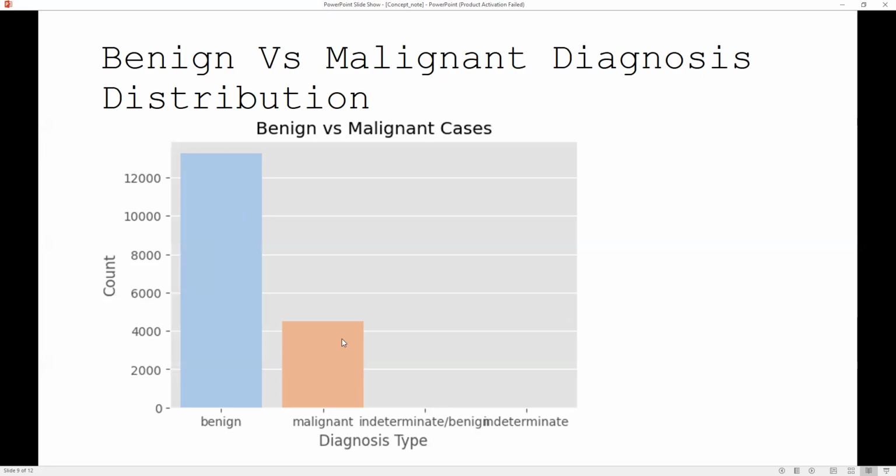So our data set is imbalanced, and therefore we are looking at undersampling our data. In order to bring balance, we will take the benign samples and reduce them to around 4,000, so that our data becomes balanced.